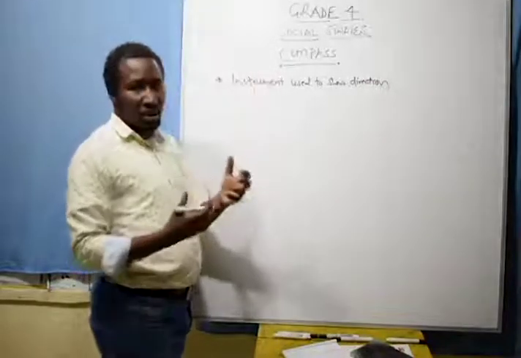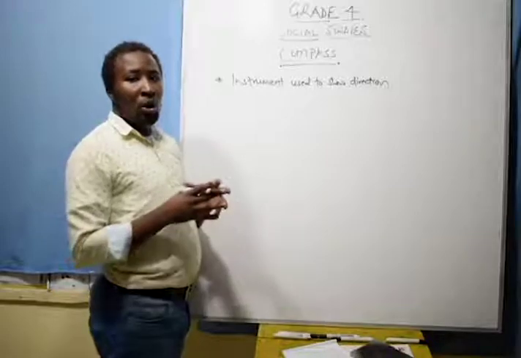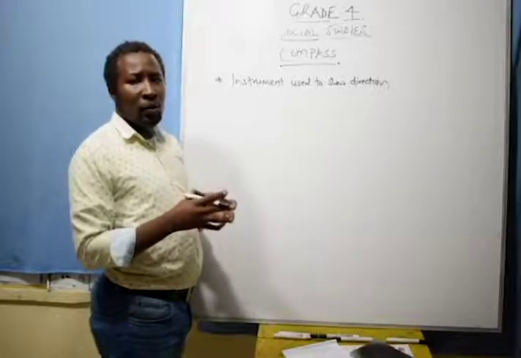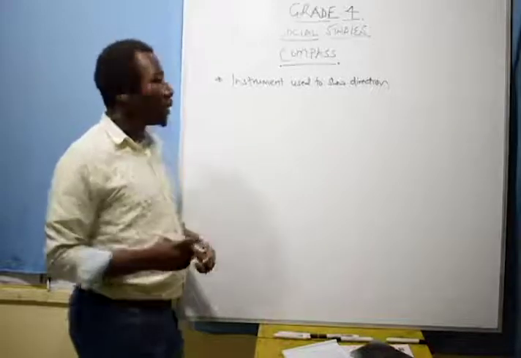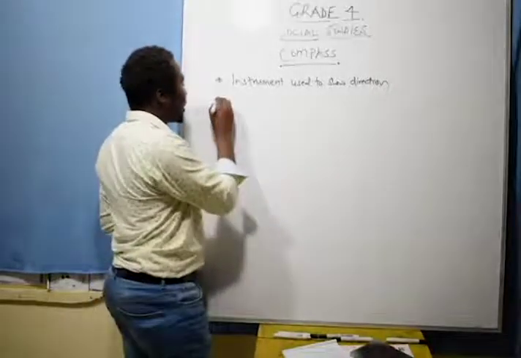So that's a compass. Now, we are looking at something known as the 4 cardinal points.